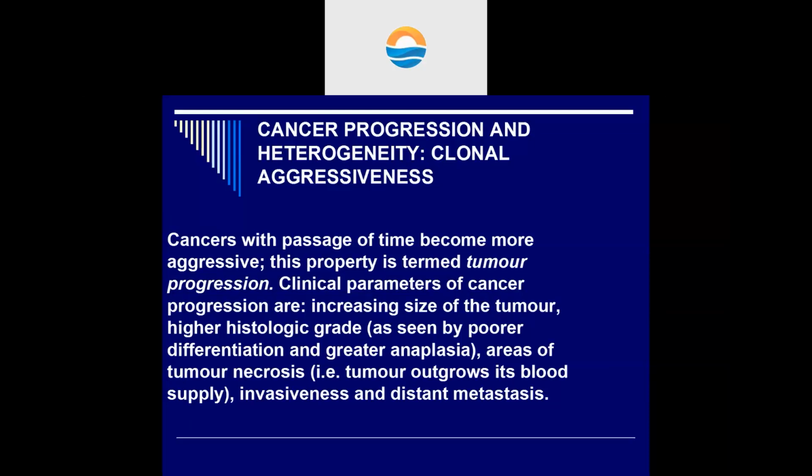This property is termed tumor progression. Clinical parameters of cancer progression are increasing size of the tumor, higher histologic grade, as seen by poorer differentiation and greater anaplasia, areas of tumor necrosis, so the tumor outgrows its blood supply, invasiveness, and distant metastasis.